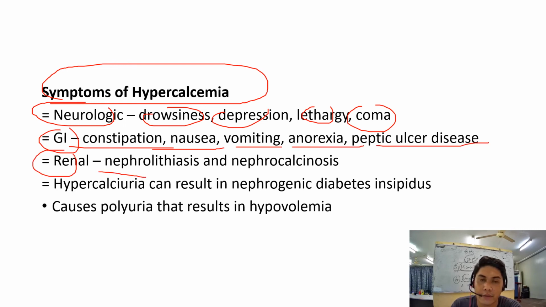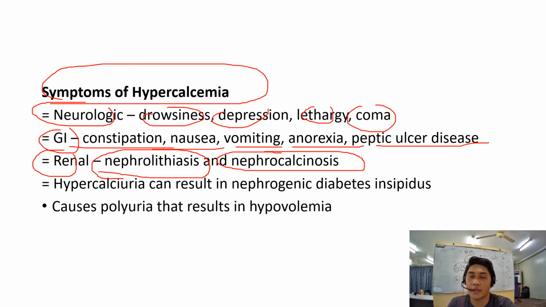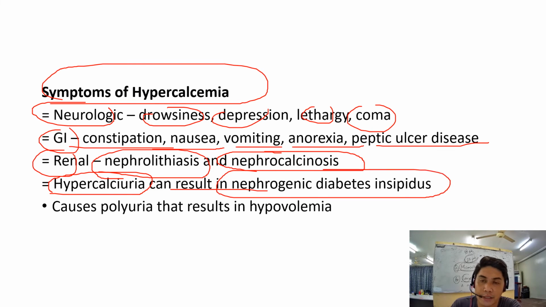And for renal, you have nephrolithiasis or the formation of kidney stones, and nephrocalcinosis or the deposition of calcium in the kidneys. It's also expected that if there is hypercalcemia, there's also hypercalciuria or increased concentration of calcium in the urine, and it can result in nephrogenic diabetes insipidus.